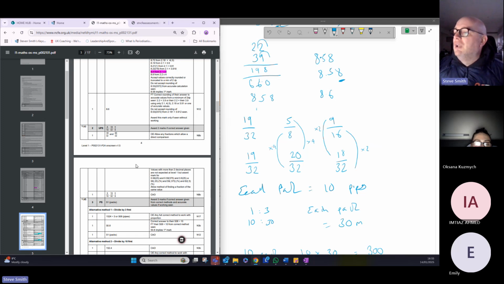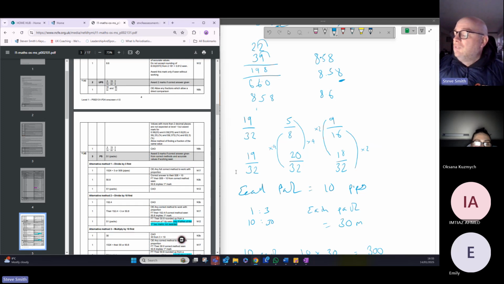So let's put our fractions in order. 9/16, yes, that was this one, look, 18/32, we got that one. And then we change it to 19 and then the 20, so the 5/8. So we put them back in order on that sheet. Did they change? See, that's what I don't get with this question. They changed theirs to decimals.